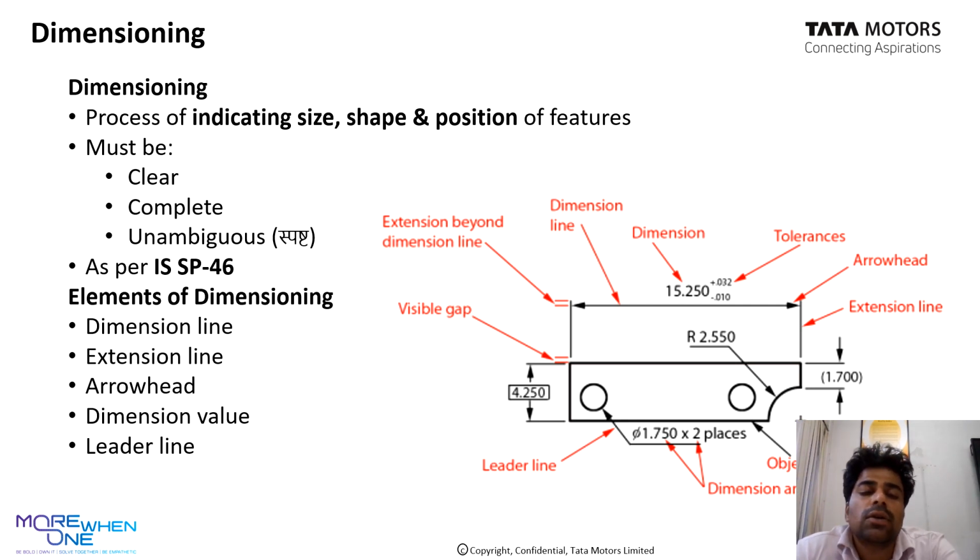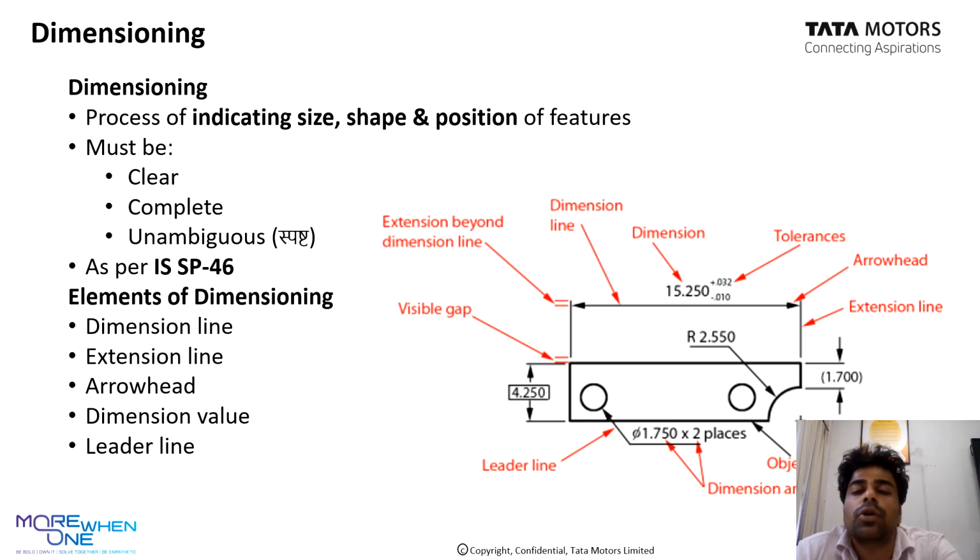What this basically denotes is that whenever you start making a cut or checking the dimensions, for example by the inspection department or quality control department, you need to start checking the dimension from this side, 4.25, and then we will check the other dimensions. Let's say 15.25.